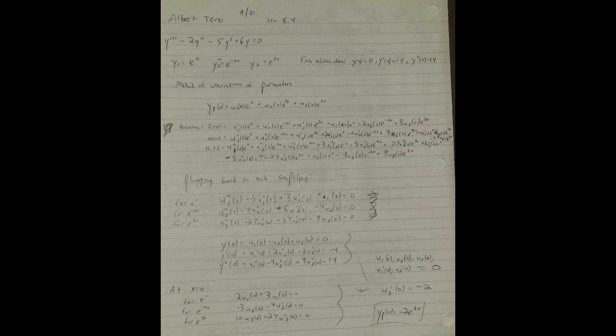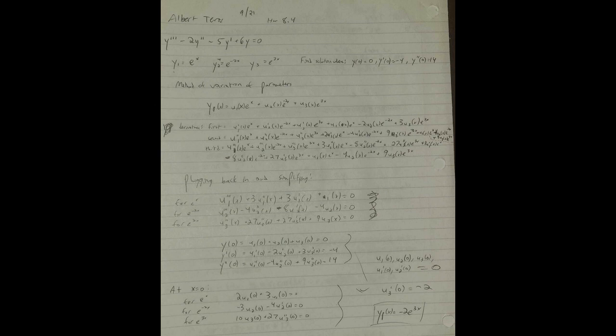So the way I saw online how to do it was the method of variation of parameters. That's what I wrote there. The way that I had it was a y p of x, which I looked up later in the notes here.